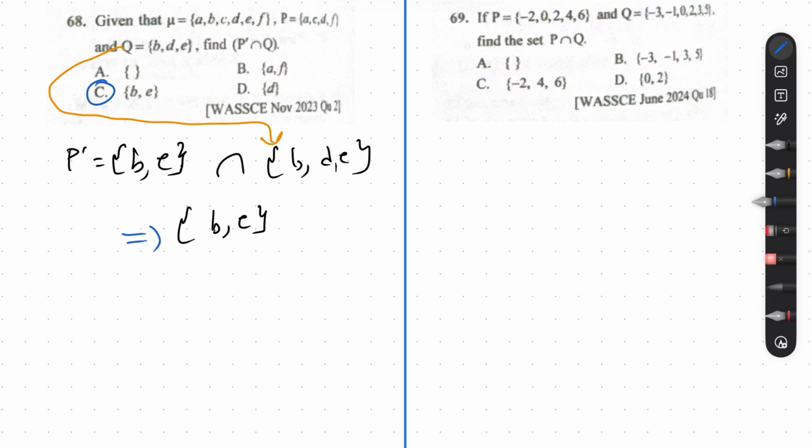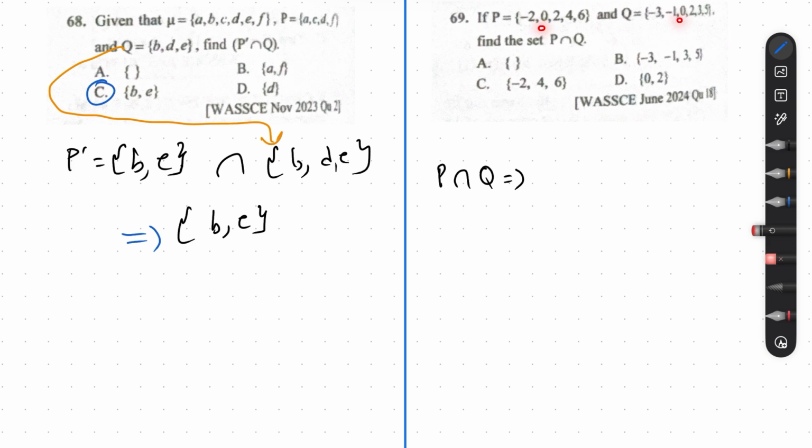Cool. Now let's go to question number 69. The question says if P is equal to this set and Q is equal to this set, find the set P intersection Q. It just means what elements are common to both. Very simple. We have -2 here, but we don't have -2 in the other, so that's not common.